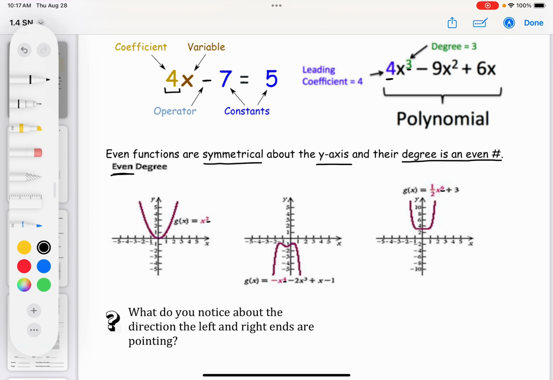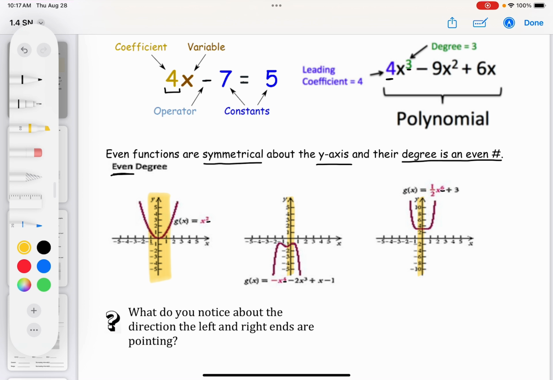What that means is if I folded this graph in half down the y-axis, I would get a mirrored image. Not necessarily the y-axis, but a vertical line of symmetry.